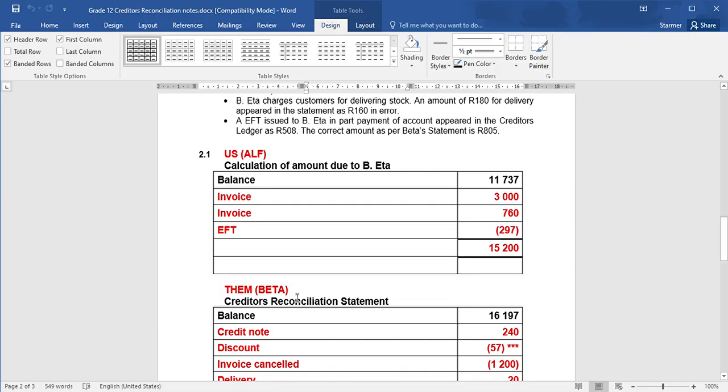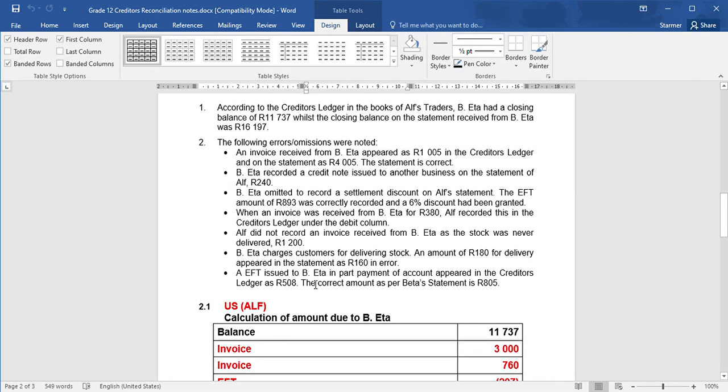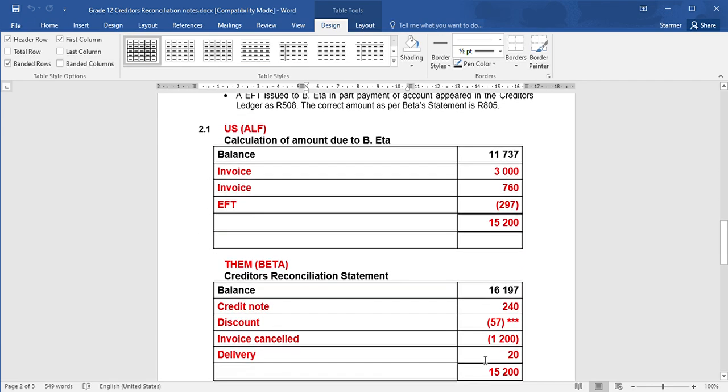Because then when you read through the differences, the first thing you just need to decide is who made the error. Once you've decided that, then if it's us, you'll put it under the calculation here. If it's them, you will record it in the creditor's recon statement. Now, because you've written the names Alf and Beta, that's going to make it easier for you to do.